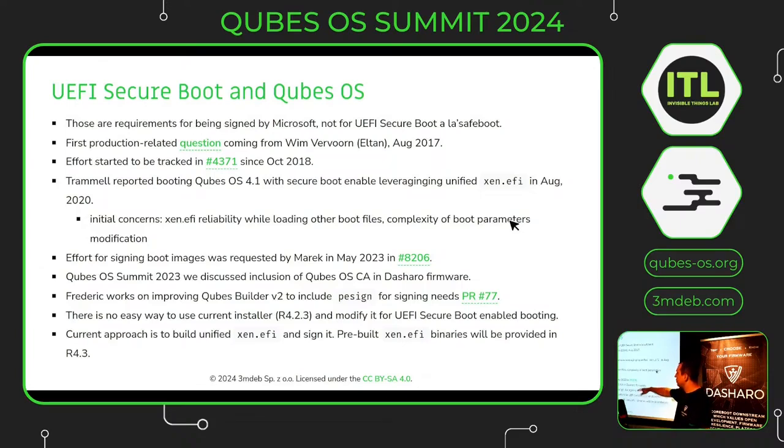I know that Frederick worked on improving Qubes Builder version 2 to include P sign for signing keys. This is PR77 if someone is interested. And I tried to take the ISO and modify it, to figure out if there is a way to boot with Secure Boot with my own keys on the platform.